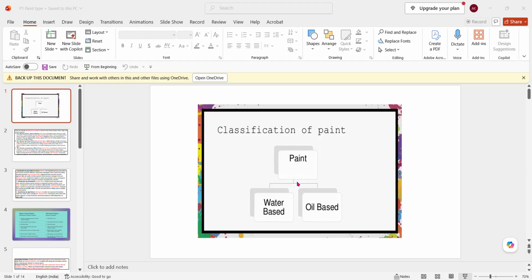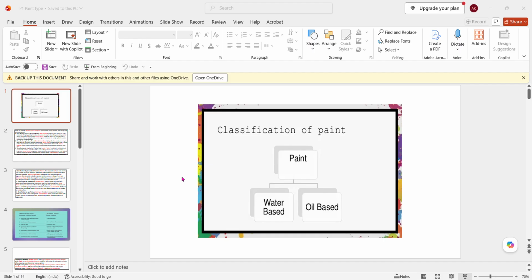Oil based takes a long time, more than 24 hours to dry. So binders are of two types, acrylics and alkyd. Acrylics are plastic and alkyds are polyester; alkyd is oil based and acrylic is water based. Acrylic takes less time to dry, and alkyd, being oil based, takes longer to dry.